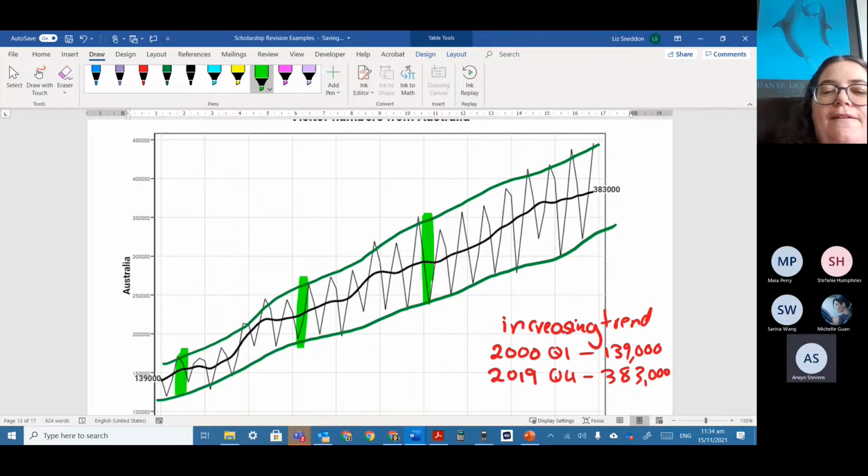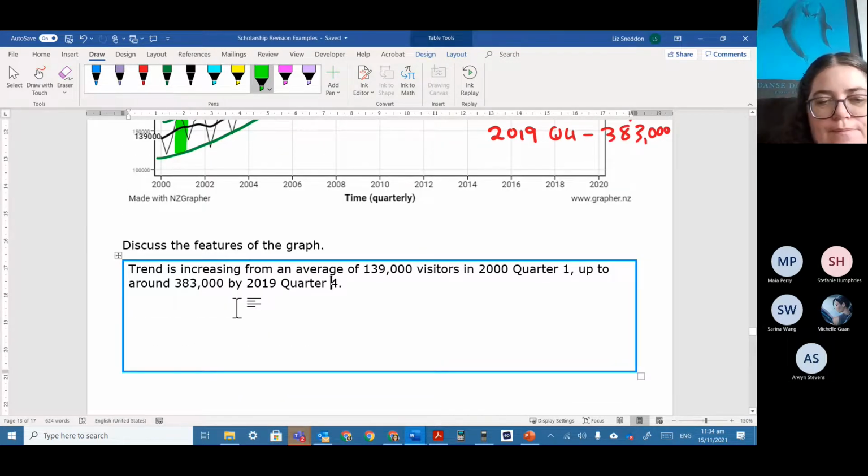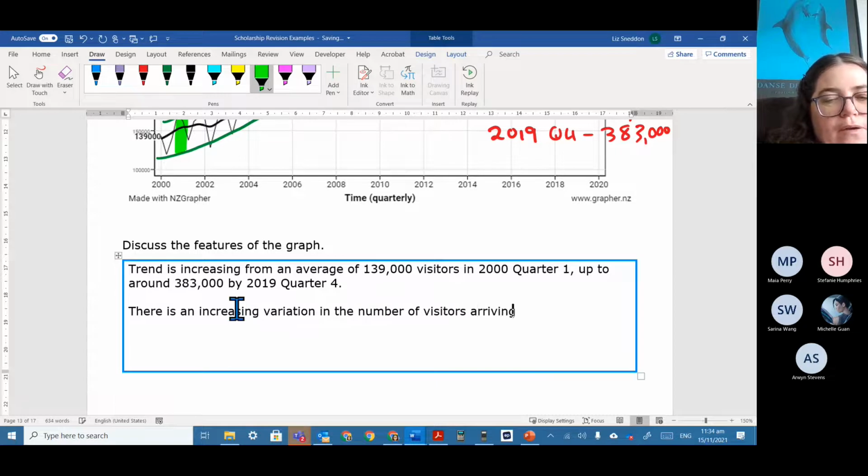A slight fan. Yep, absolutely. That is getting wider. It's not huge, it's not quickly getting wider, but it is definitely getting wider from the start to the end. So we can also talk about that variation. So I could say there is an increasing variation in the number of visitors arriving over this.